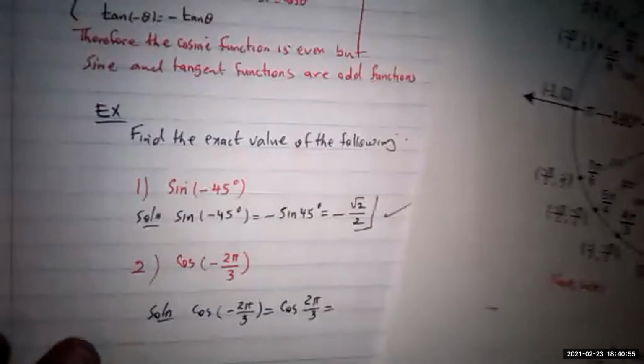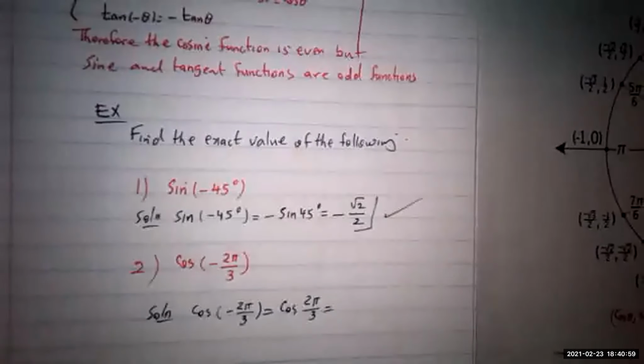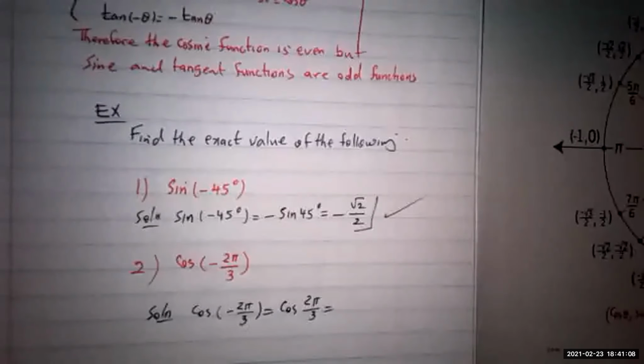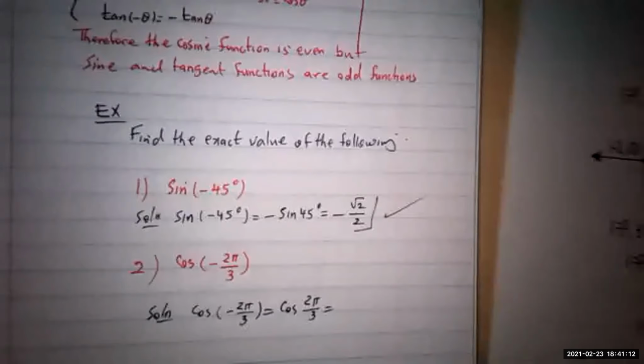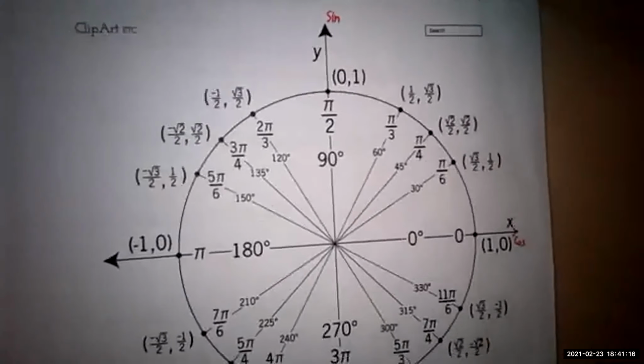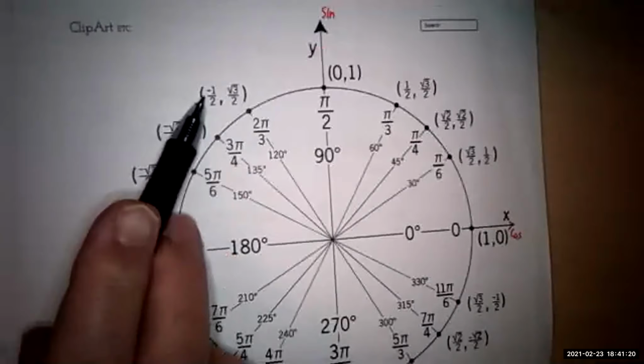120 has a reference angle of 60, and it's in the second quadrant. So the cosine of 60 is half, so this is going to be negative 1/2. You can get it from the table, 2 pi third and negative 1/2.